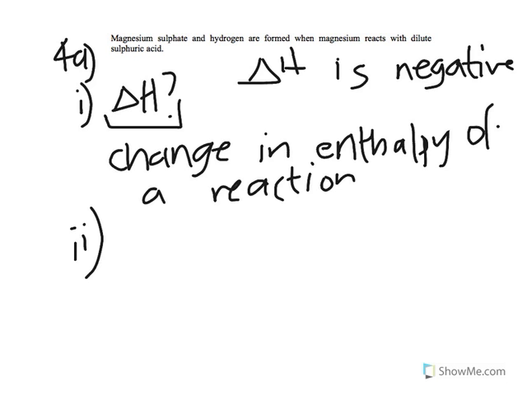Hence the energy of the products is lower than the energy of the reactants. So if the delta H value is negative, it's an exothermic reaction, so heat is given out. So what would happen to the temperature of the mixture if heat is given out? By common sense, when heat is given out, the temperature would naturally increase. So it means that the temperature will increase.